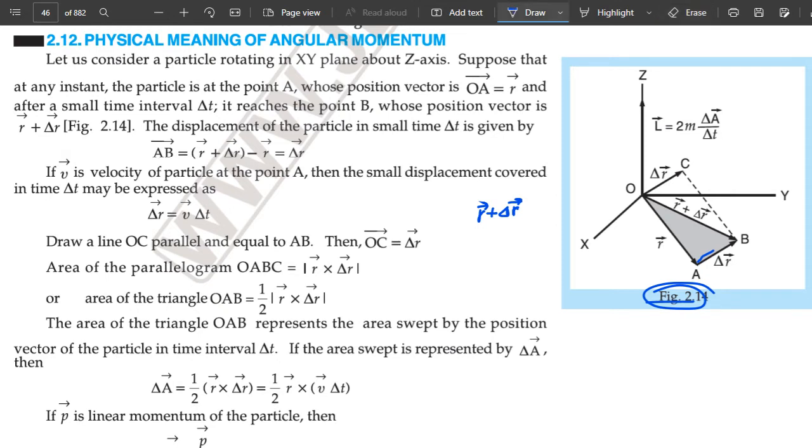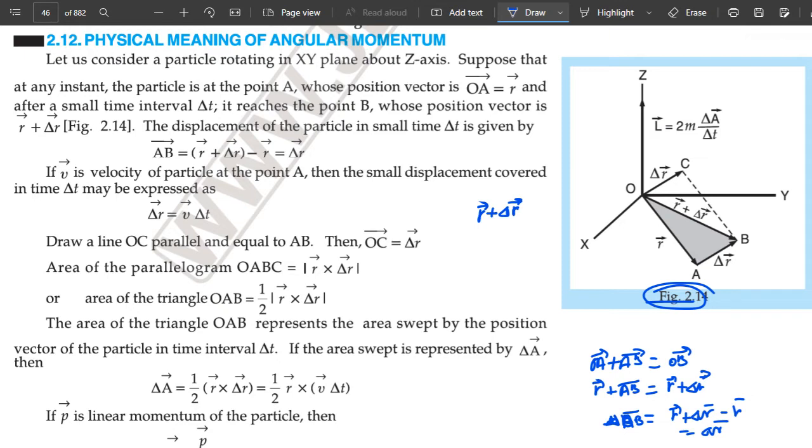In this triangle OAB, OA plus AB equals vector OB, and OA is vector R, AB we have to find, and OB is R plus delta R. Then vector AB is R plus delta R minus R, which is equal to delta R. That means the vector AB is equal to delta R, right?